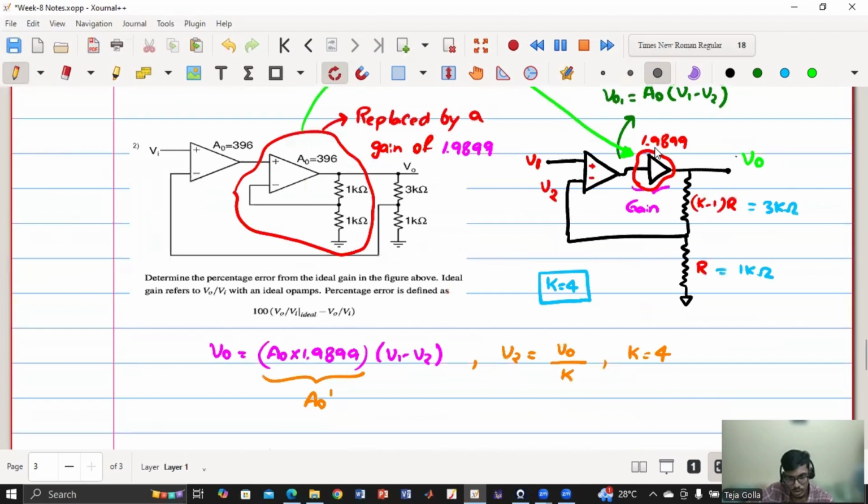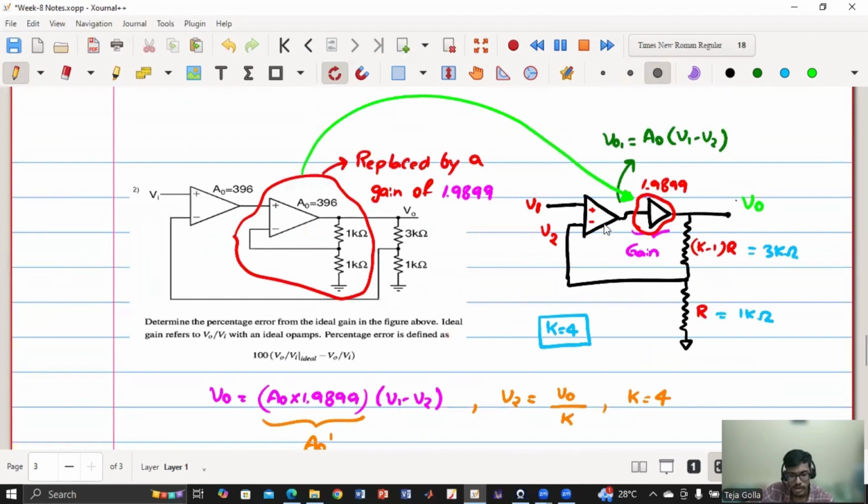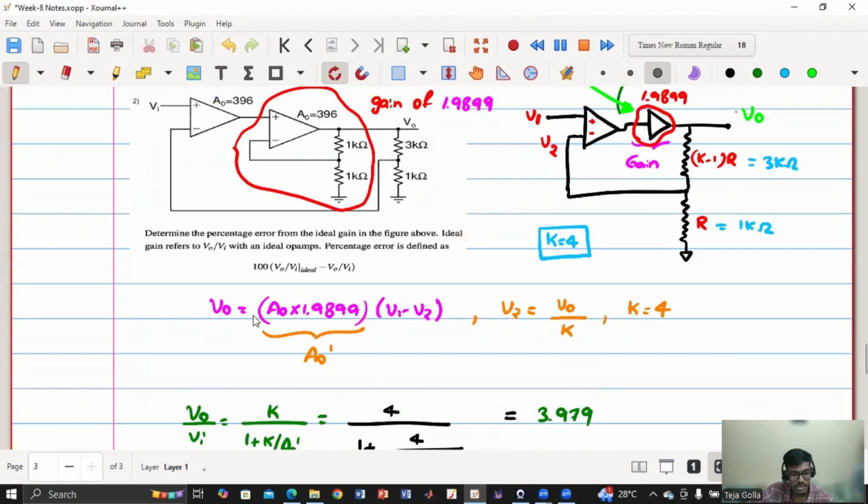So now for this amplifier, if this output is V01, V01 is nothing but A0 into V1 minus V2, right? Now V0 is 1.9899 times V01. So we'll eventually get V0 as A0 into 1.9899 whole into V1 minus V2. So this looks like my new A0 dash because V0 is A0 dash times V1 minus V2.